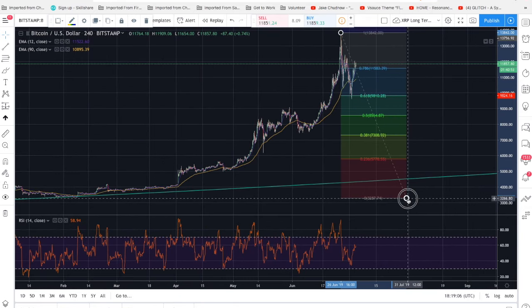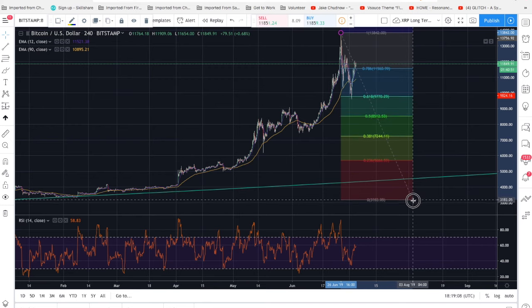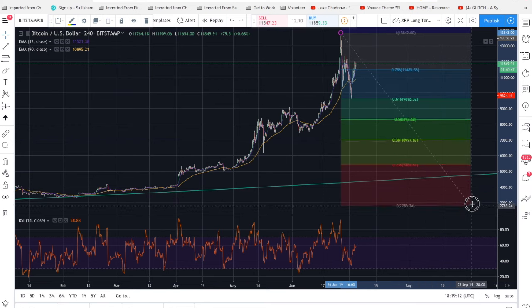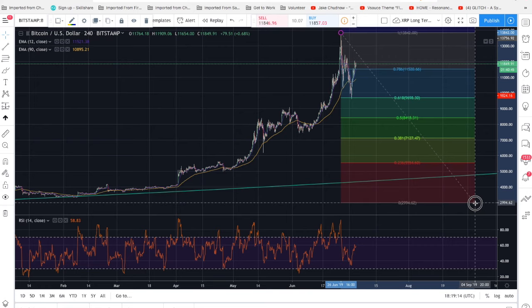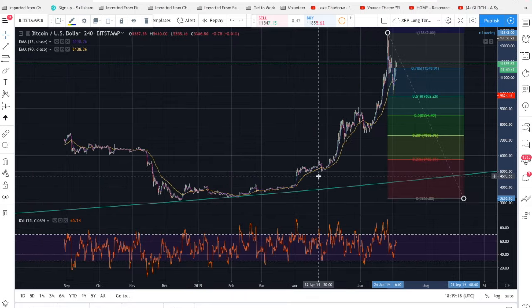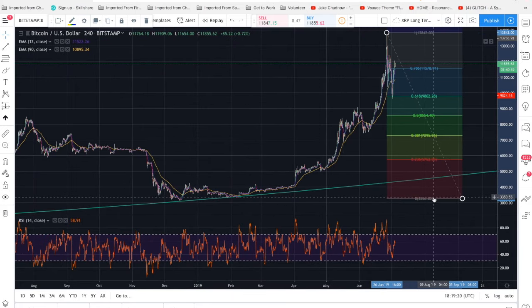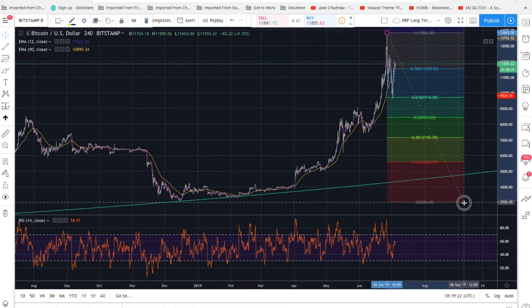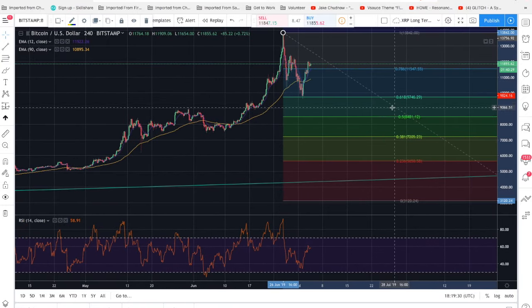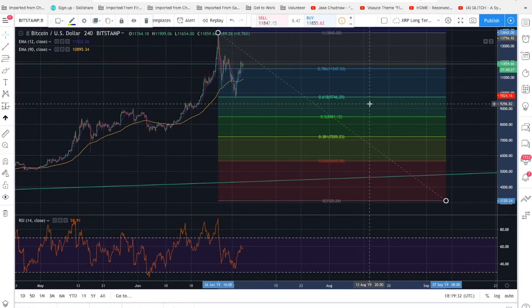You will see these lines and percentages play out.